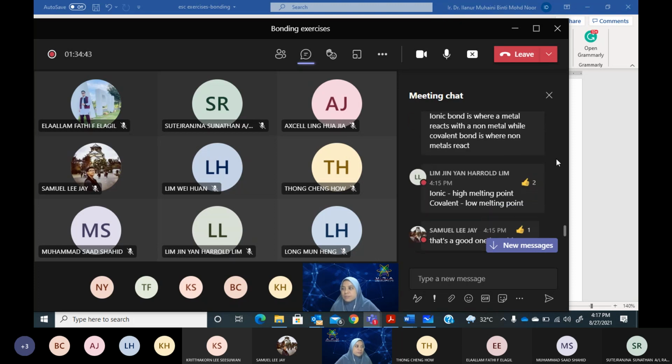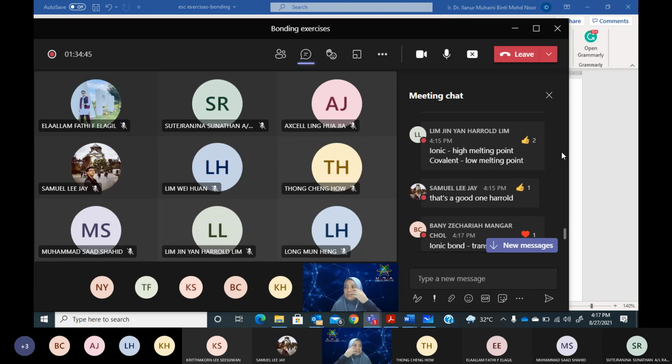Lim Jin Yan, ionic high melting point, covalent low melting point. Okay. The difference must show. This one involves the features. But if like this, only 1 mark here, 1 mark here.